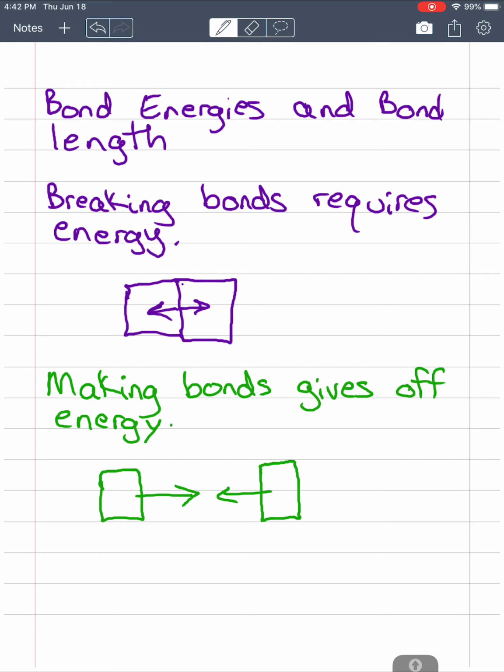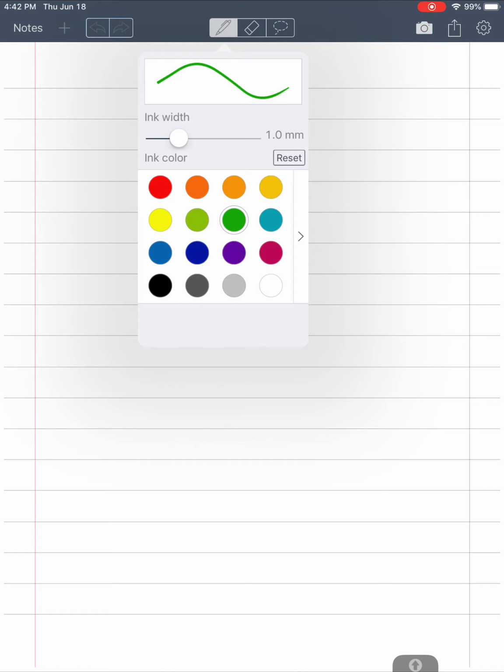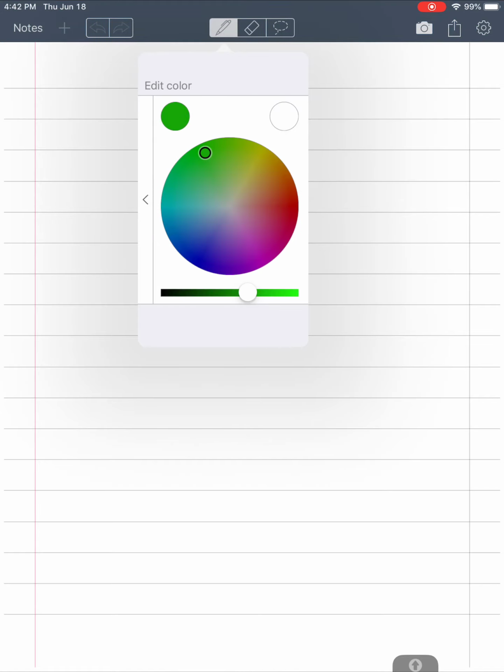And there's a formal definition of bond energy. All right. Bond energy is the energy required to break 1 mole of bond.